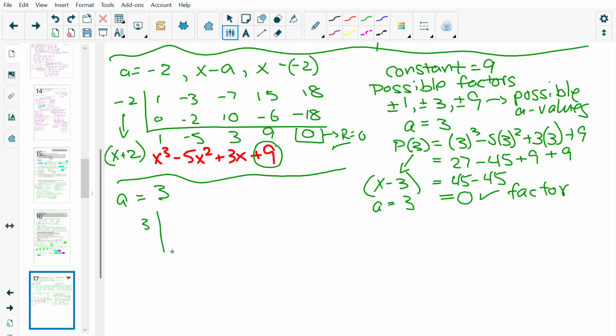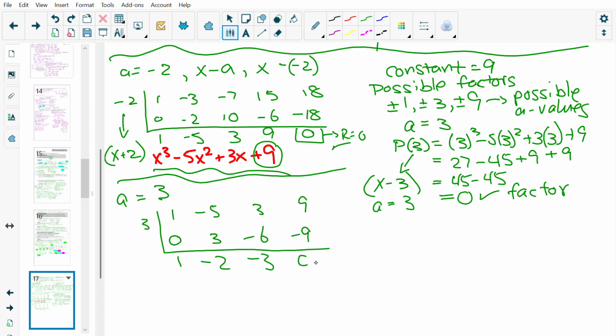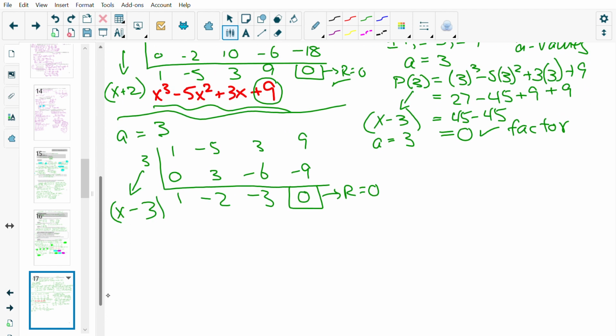So let's use a equals 3 and synthetically divide this one right here. So that's 1, negative 5, 3, and 9. And look at that, the remainder equals 0. So x minus 3 is a factor.